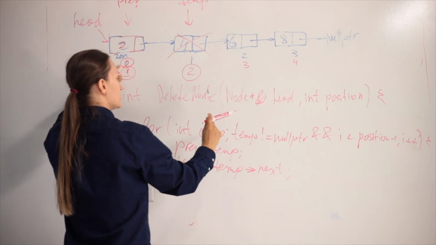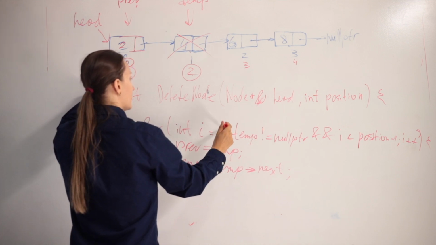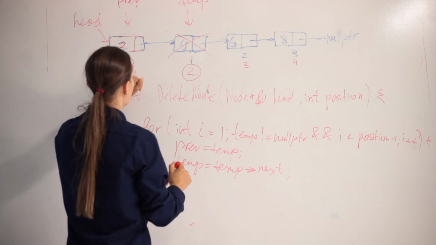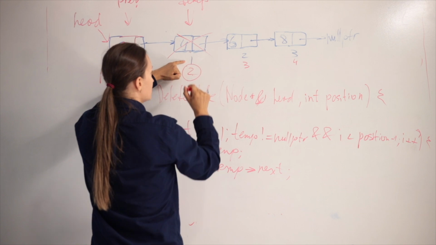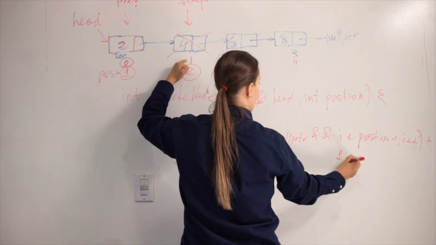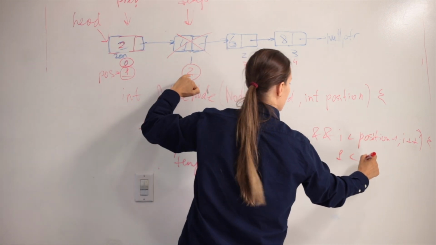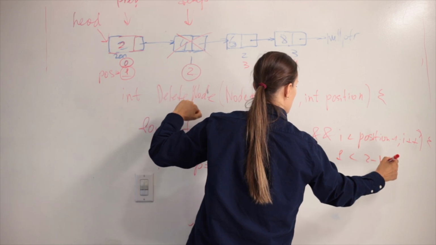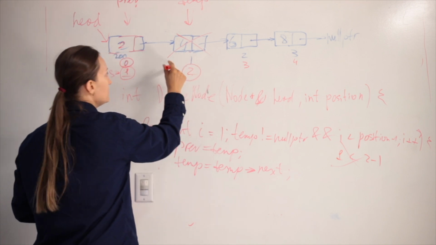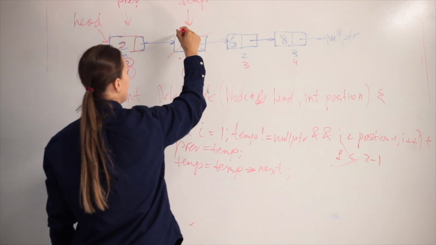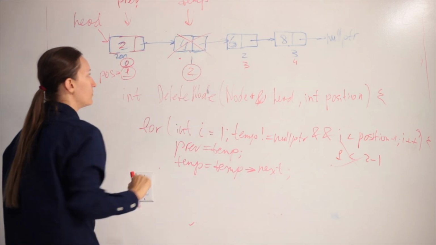Continue. Next iteration, i equals 1. Position 2 minus 1: is i, which is 1, less than 2 minus 1, which is 1? No, this condition is false. It means we found our place, we found the node that we want to delete.